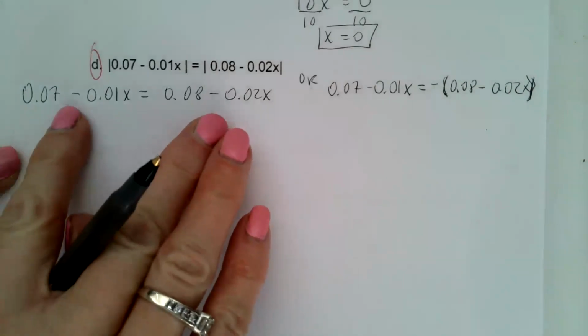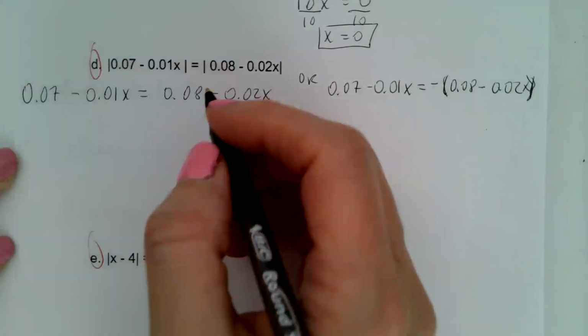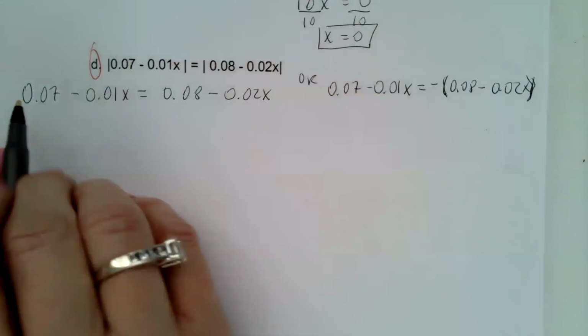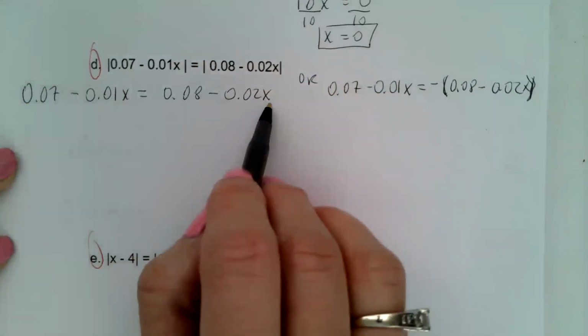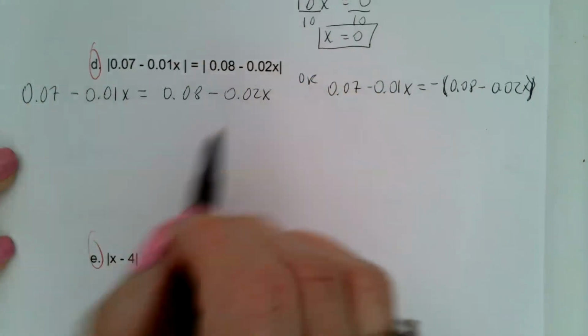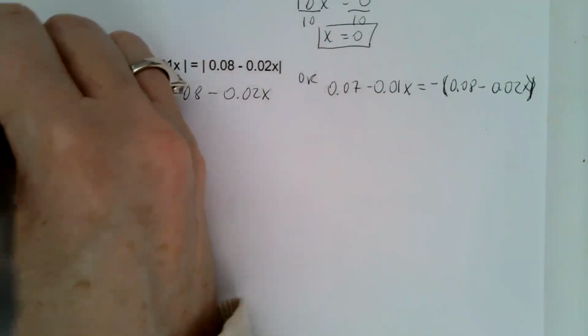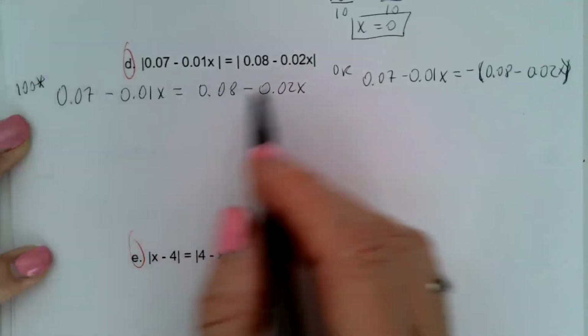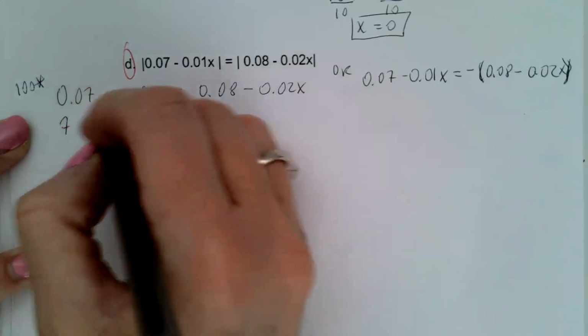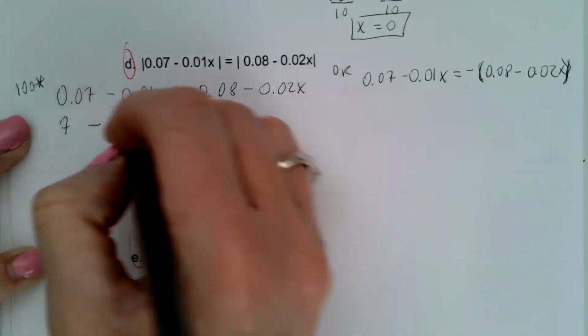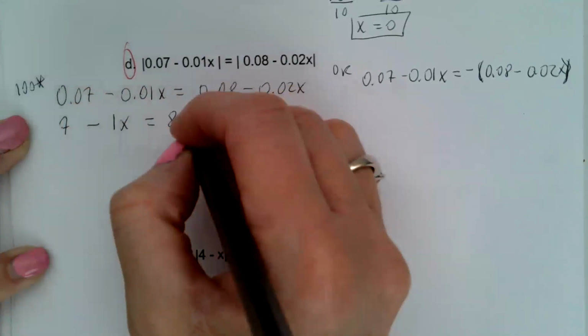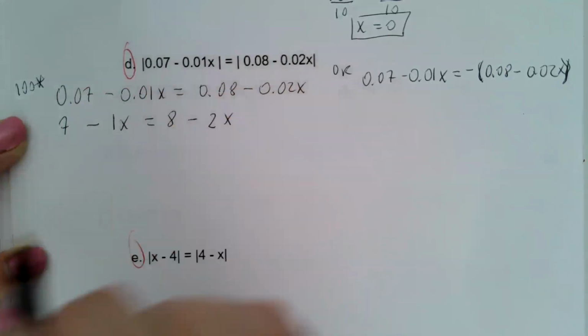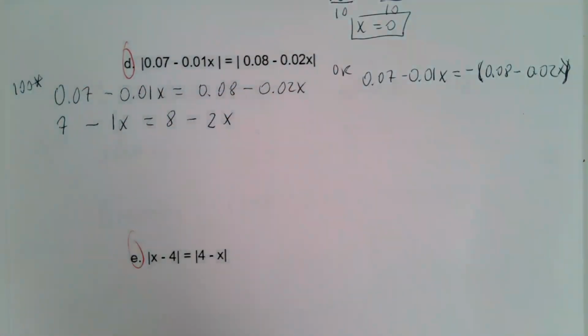So let's solve the equation on the left. I'm going to multiply through by 100 to eliminate these decimals here. So when I multiply by 100, I will have 7 minus 1x equals 8 minus 2x. That makes it much easier to work with.